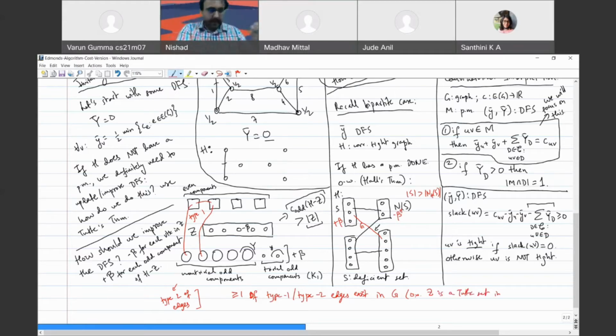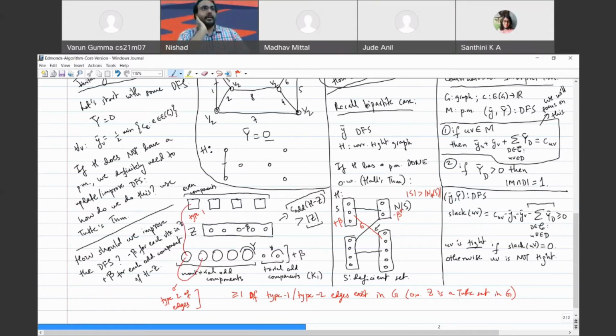So when I was preparing, I incorrectly assumed that you will necessarily have type 2 edges, but that's not true. You might just have type 1 edges and no type 2 edges. Okay, so this is type 2 and this is type 1, right?